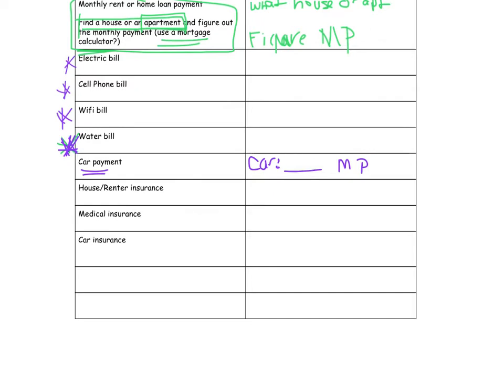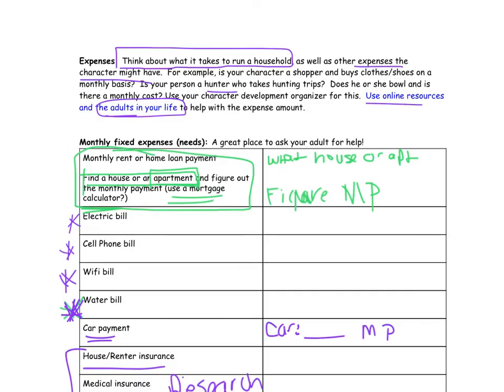Do you have house or renter's insurance, car insurance, medical insurance? These again are things you're going to have to look up and research or ask your parents about. I forgot to say that everything we've talked about so far should be a monthly fixed fee. It happens at the same time, just like our upfront cost.